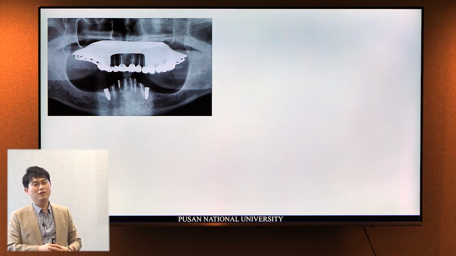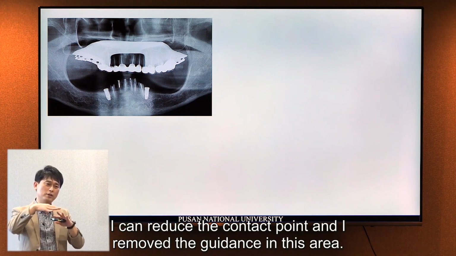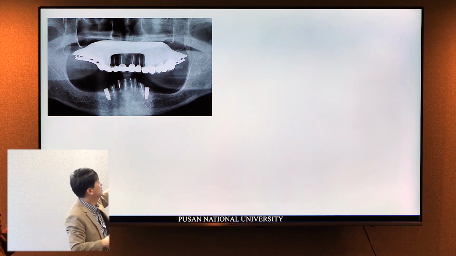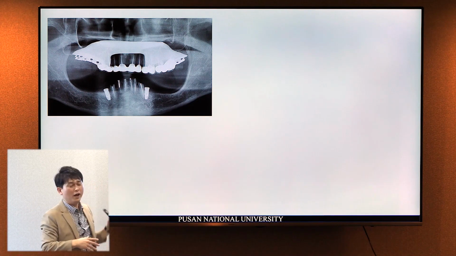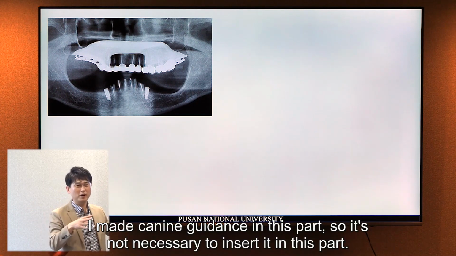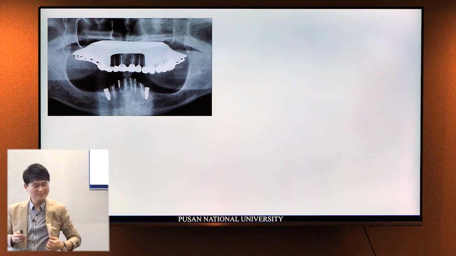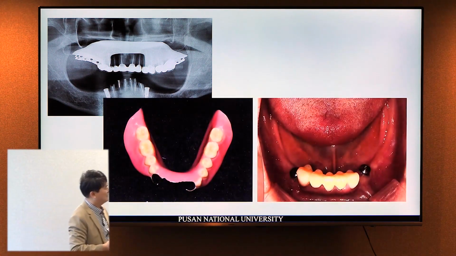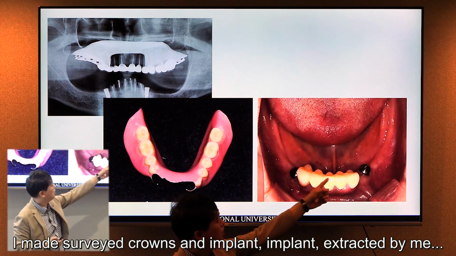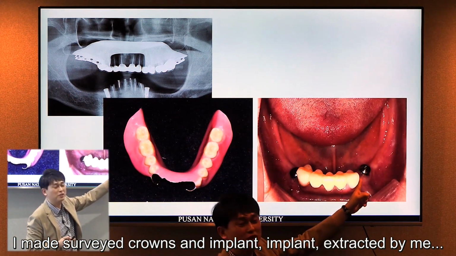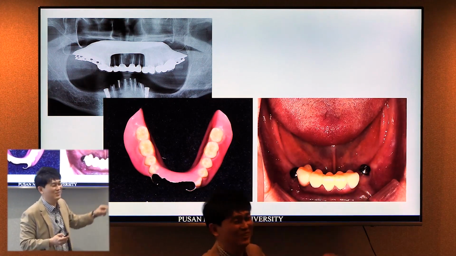So I can reduce the contact point, and then I remove the guidance in this area. So I made the canine guidance in this part. So it's not necessary to insert in this part. So, yes, like this. I made the surveyed crown and the implant, extracted by me.